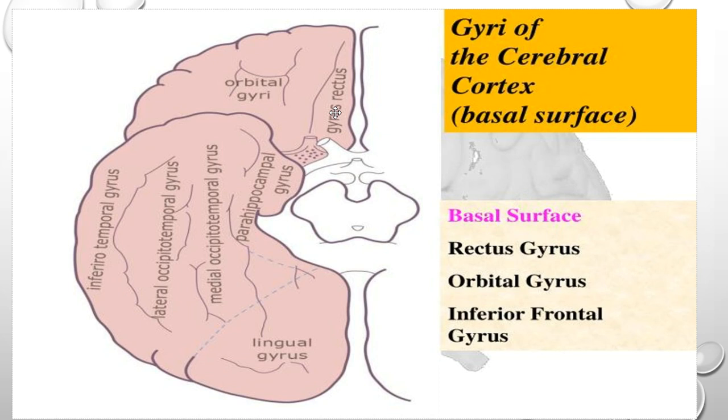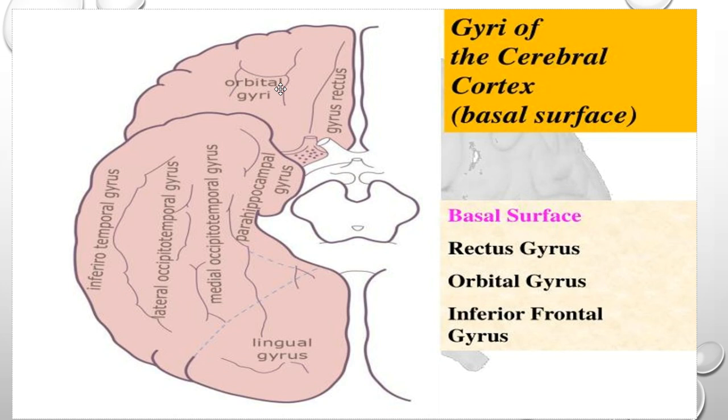Here we can see the gyrus rectus, bounded by the longitudinal fissure medially and laterally by the olfactory sulcus, where the olfactory tracts pass. Then the orbital gyri appear as some small gyri adjacent to the superior orbital wall.